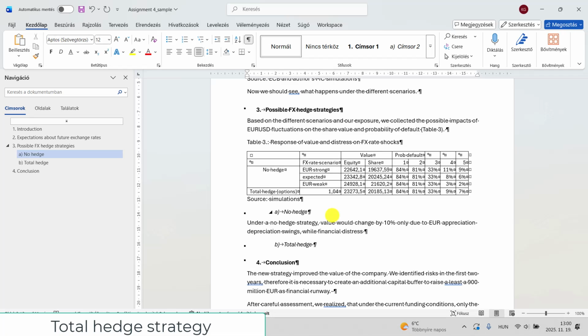It fluctuates between 2 and 9 or 3 and 11%, so it would be a dramatic effect if it would increase by 20%, 30%, 40%. Here we can see nothing at all. So the financial distress is not affected at all.